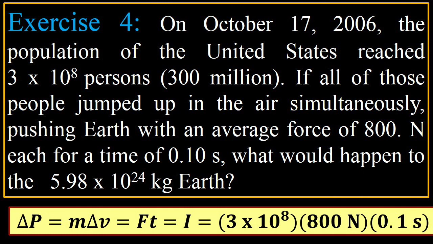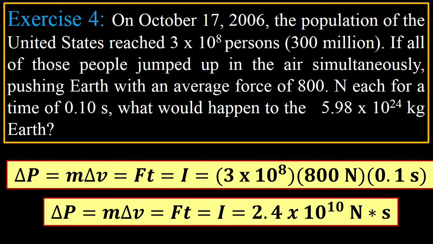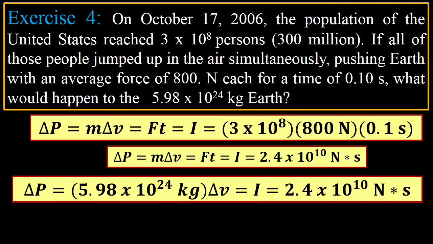So there is going to be the change in momentum. It'll be 3 times 10 to the 8th times 800 times 0.1. That'll be the impulse, which is the same thing as the change in momentum, and that's going to be 2.4 times 10 to the 10th newton seconds.